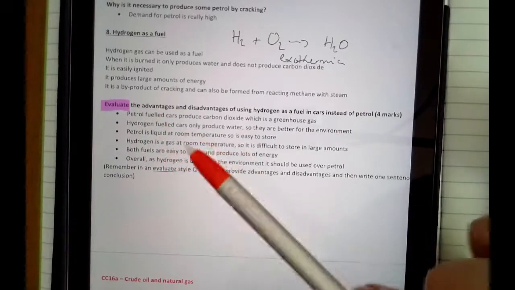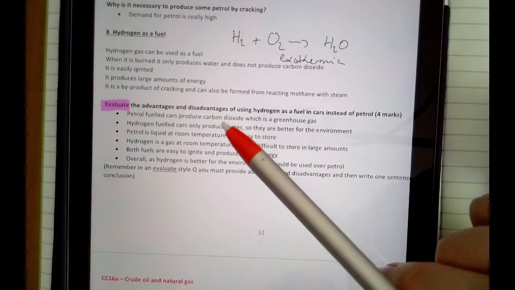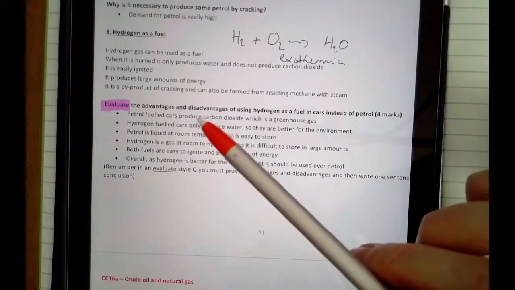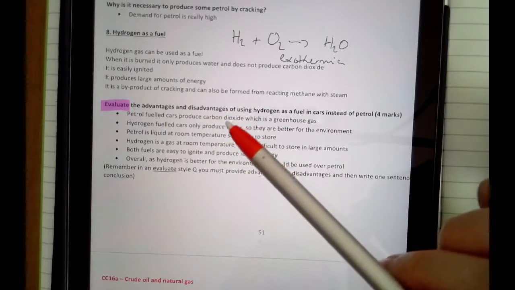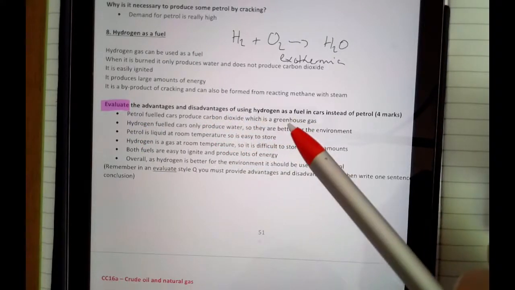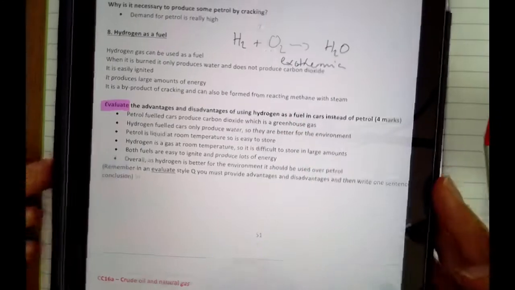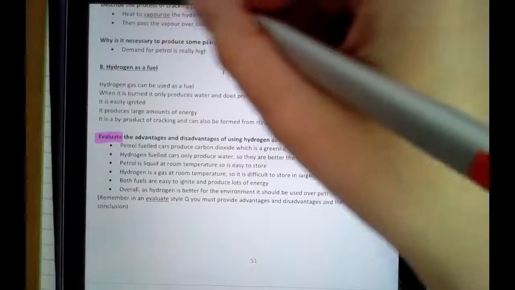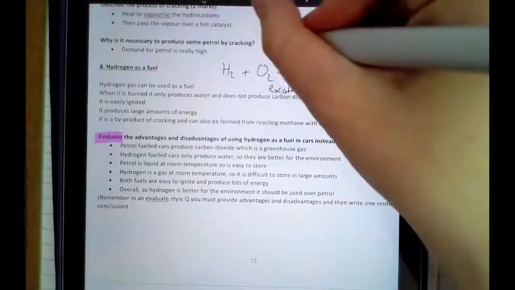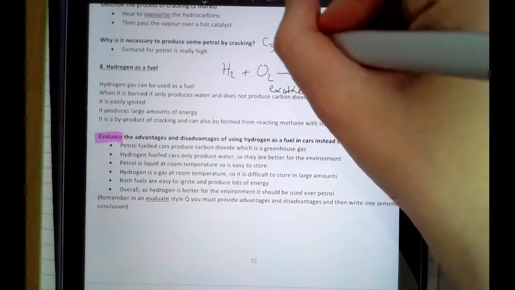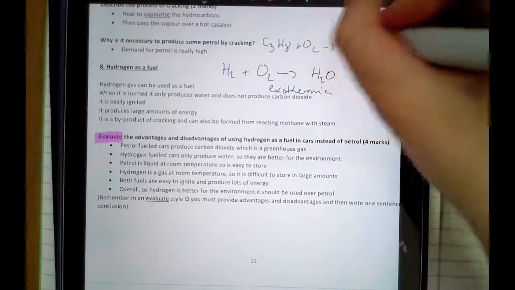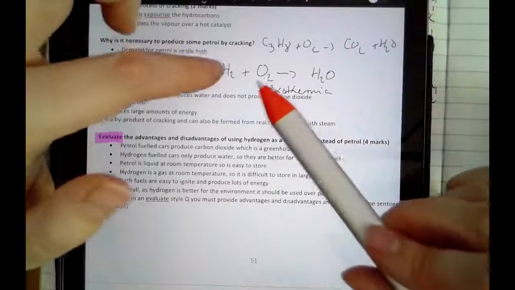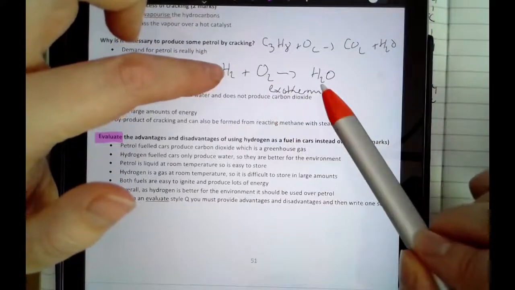That means when you burn it, you are going to be producing carbon dioxide. All hydrocarbons produce carbon dioxide and water when they are burned. Carbon dioxide is a greenhouse gas, okay? So that's not good. So actually, if I just show you, if I made up a hydrocarbon, C3H8, and I reacted that with oxygen, okay, when you've only got hydrogen, it combines with oxygen to form water.